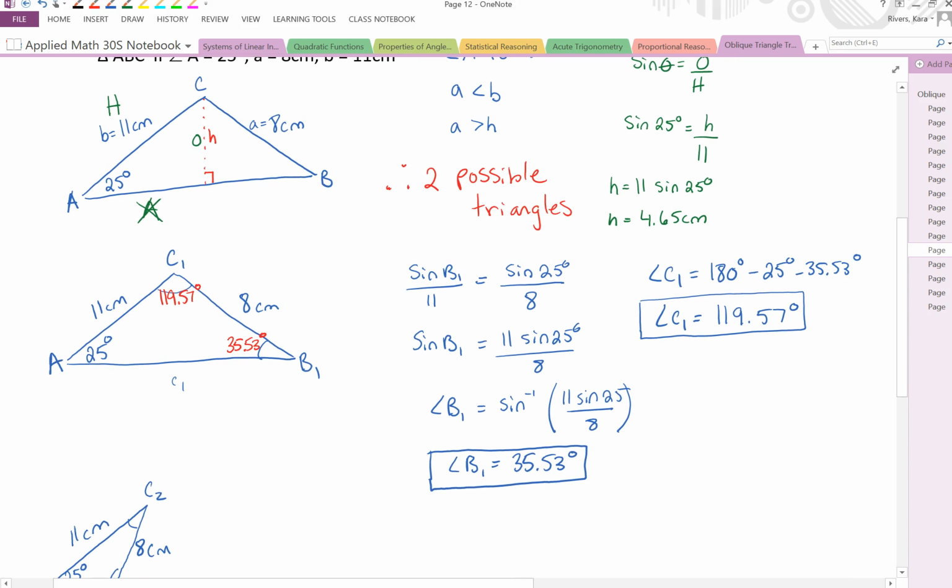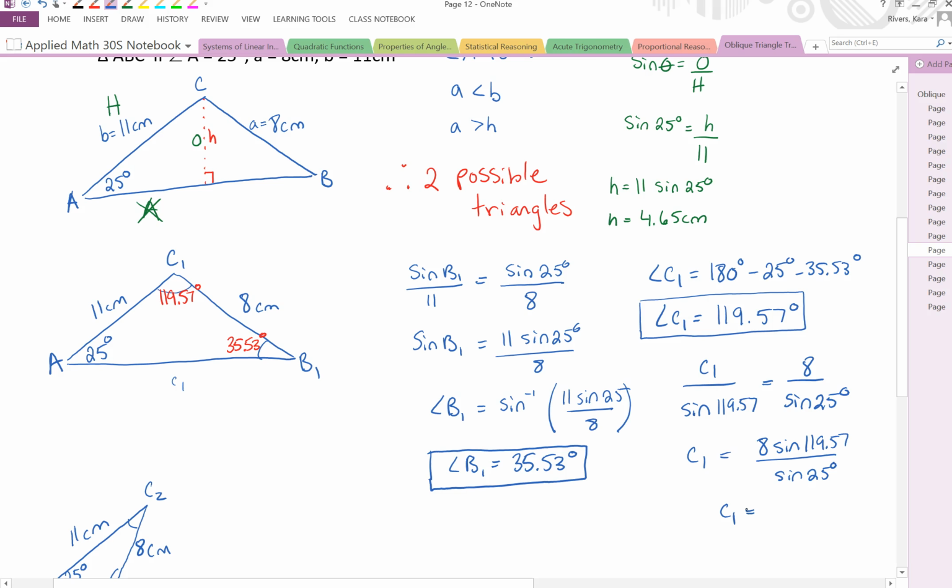So setting up our ratio again, I would have side C1 over sine of C1, which is 119.57, and then A over sine of A, which would give me 8 over sine of 25 degrees. Solving for C1, cross multiply and divide, I'd have 8 times sine of 119.57 divided by sine of 25 degrees.